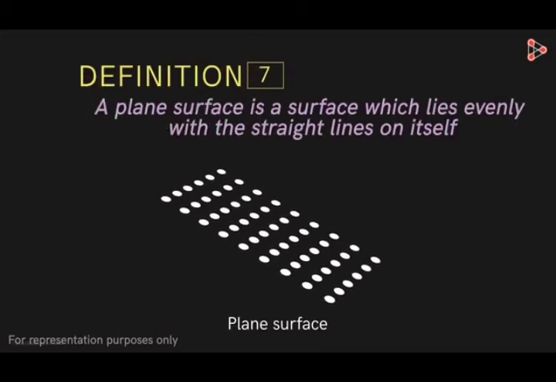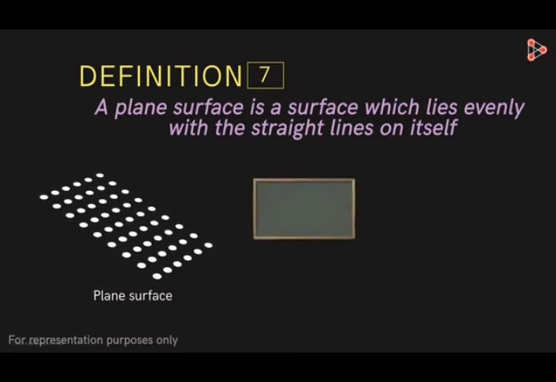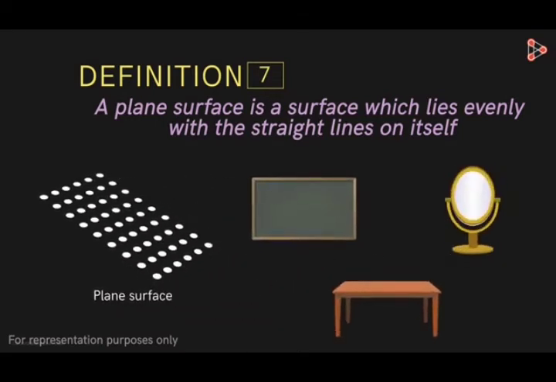Such surfaces where the straight lines are evenly placed are called plane surfaces. Euclid defines a plane surface like this: a plane surface is a surface which lies evenly with the straight lines on itself. Some examples of planar surfaces are a blackboard, a tabletop, a plane mirror, and so on.